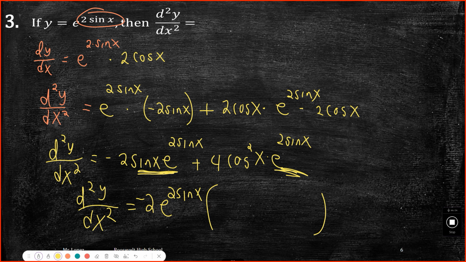So negative 2. Is that just going to be 1? No, this is sine x, no? Sine x. And then here that's going to be a minus 2.